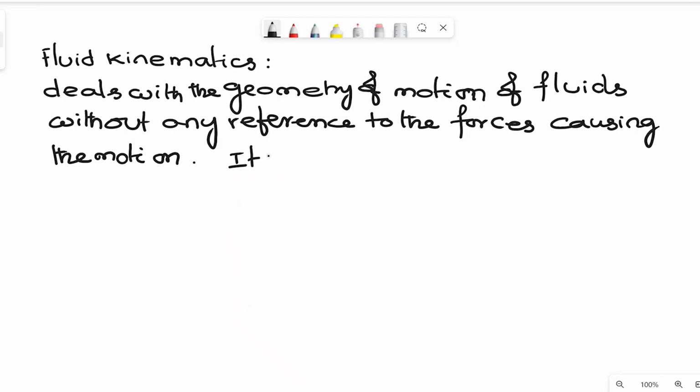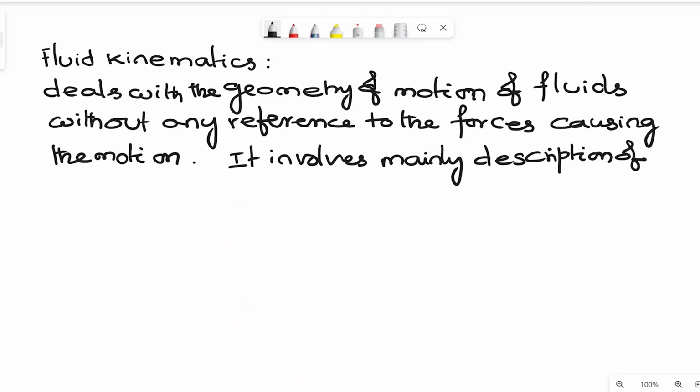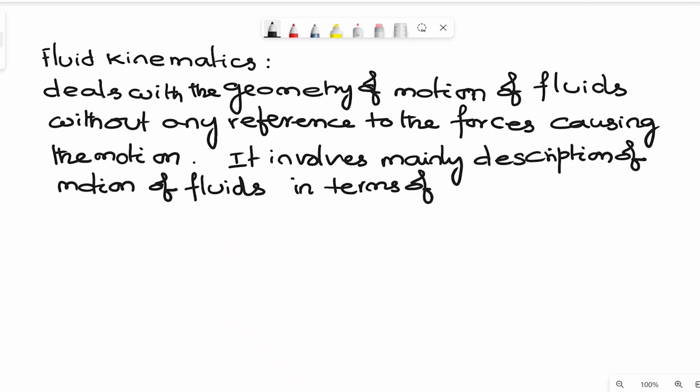It involves mainly description of motion of fluids in terms of space-time relationship.